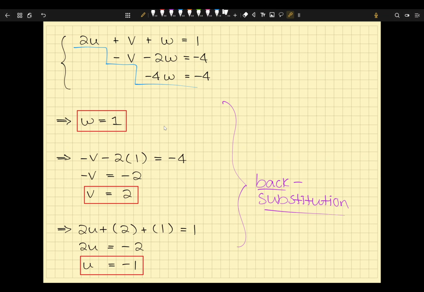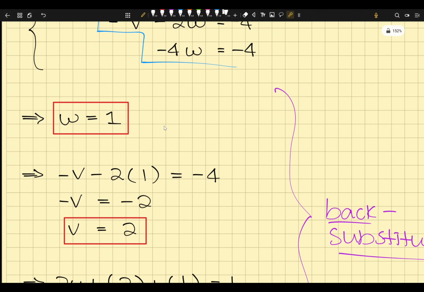Okay, the back substitution process. Back substitution is when we end up with a system like this, where we've used our pivots and eliminated below each one. Now we focus on the equation at the bottom.